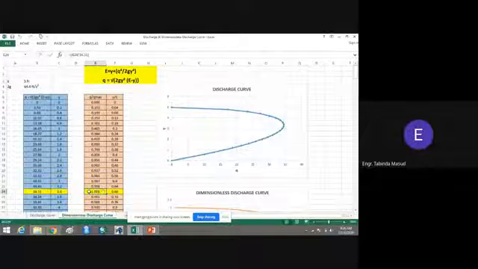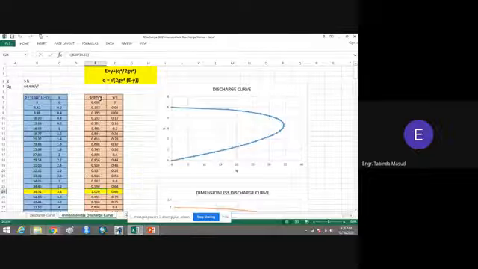All the other values are less than 1, because the unit discharge is divided by the maximum discharge, and this is the only value equal to 1. So these values are now unitless.